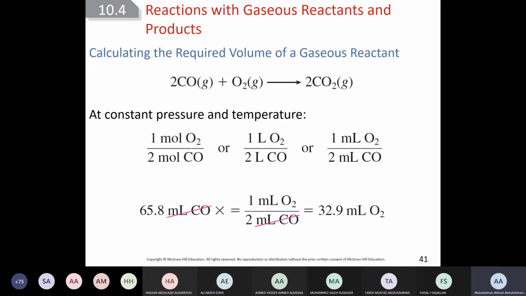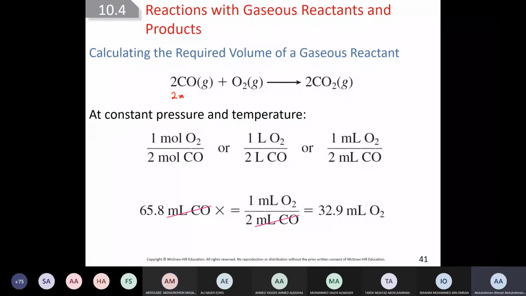Is this balanced? Yes. If we have an equation like this, how can we relate things? By mole. How can you relate by mole? I mean, how can you compare things by mole?